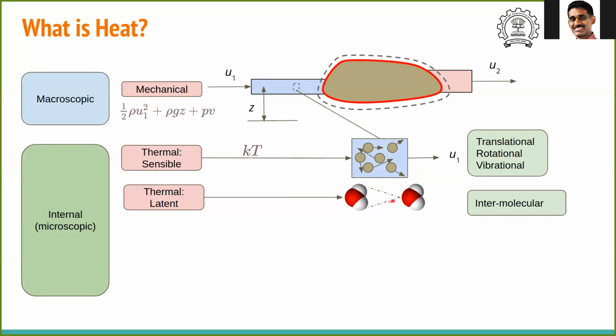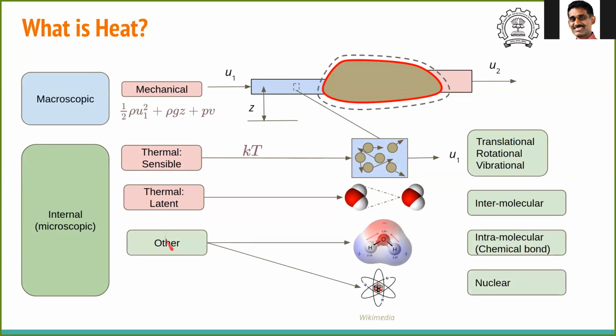When you have a phase change, from solid to liquid to gas, the phase change happens because of the presence of these intermolecular interactions. Other than that, we have other forms of energy which we lump together for the purpose of heat transfer and call other internal energy, which could be energy stored in chemical bonds, which is intramolecular, and the nuclear energy.